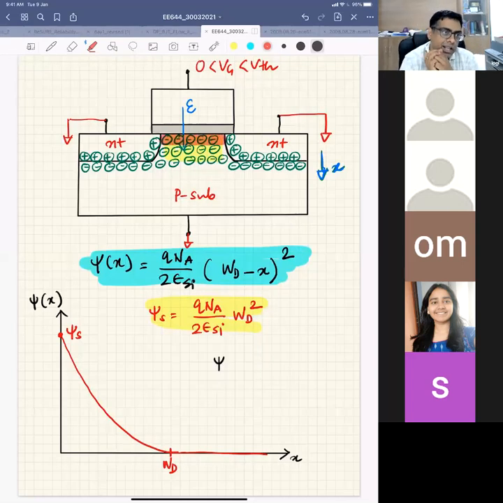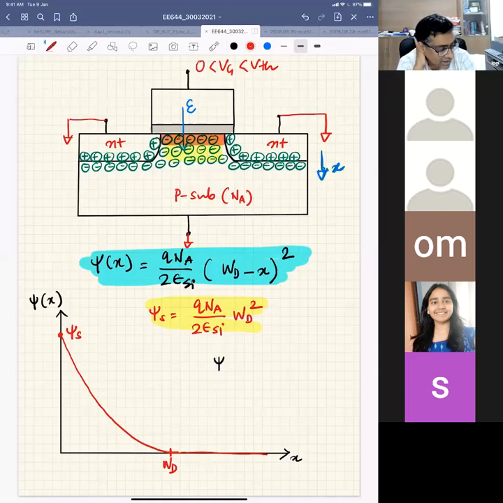And the channel will be formed. If the electron concentration becomes equal to the hole concentration in the body, which is N_A in this case because the doping is N_A, that gate voltage we call the threshold voltage, and that condition we call the inversion condition, right?